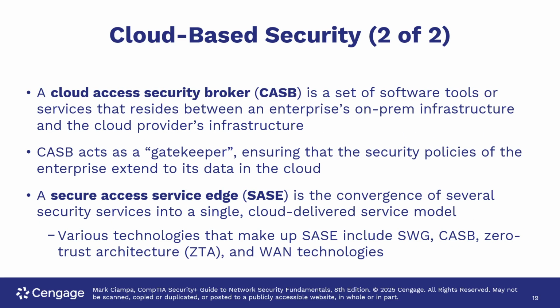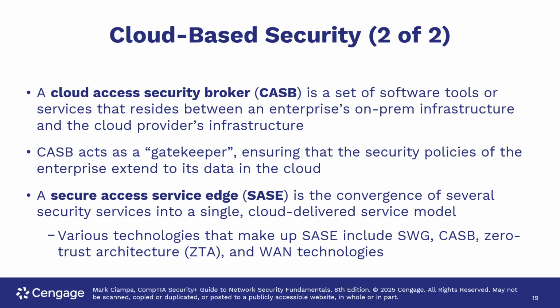A cloud access security broker is a set of software tools or services that reside between an enterprise's on-prem infrastructure and the cloud provider's infrastructure. A CASB acts as a gatekeeper, ensuring that the security policies of the enterprise extend to its data in the cloud.